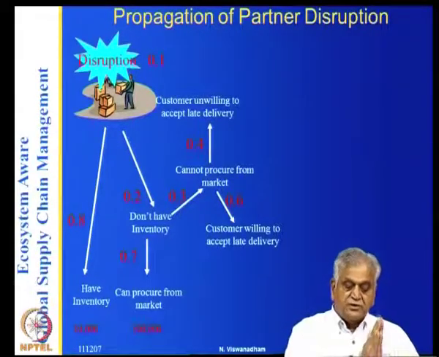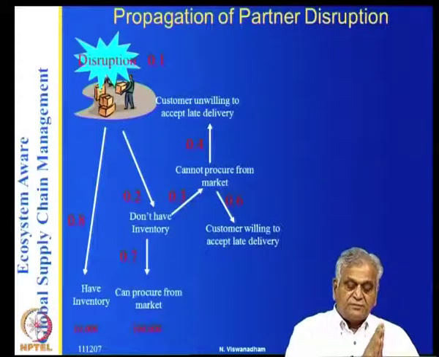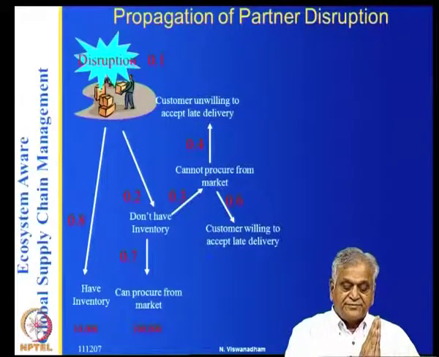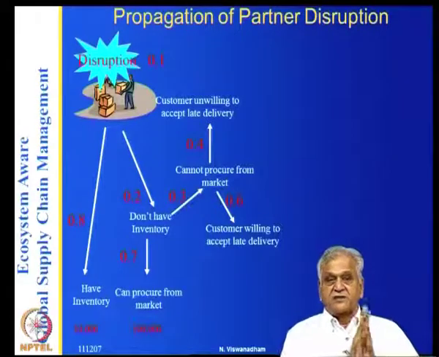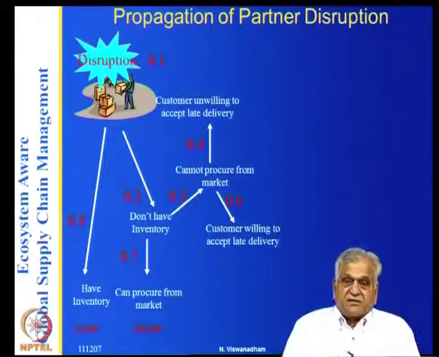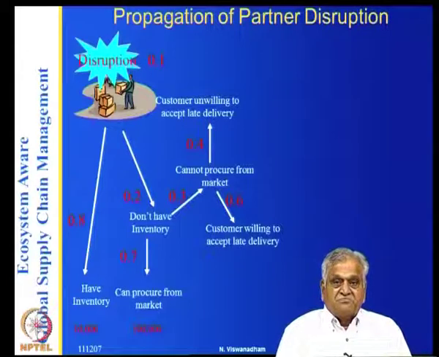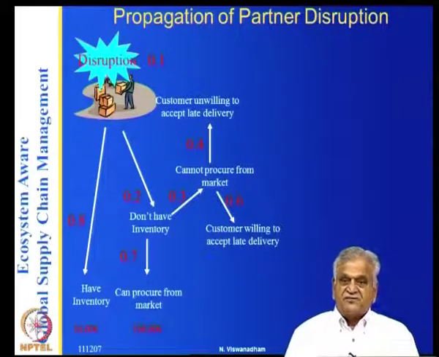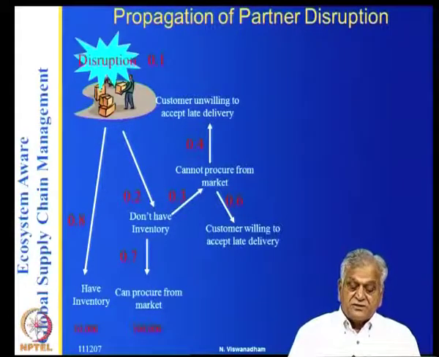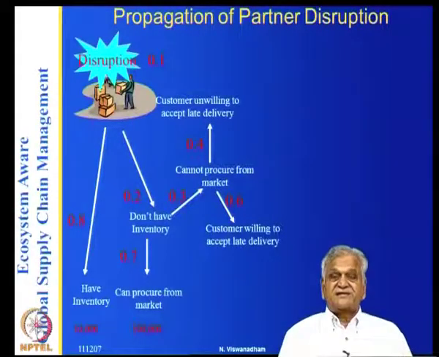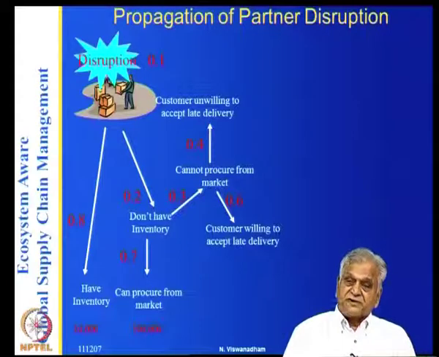But supposing you don't have the inventory and you cannot procure from the market, then the question is whether the customer is willing to accept late delivery. You call the customer saying, look, I have a supplier failure. Because my production has stopped, and I tried to access it from the market, I couldn't get it.